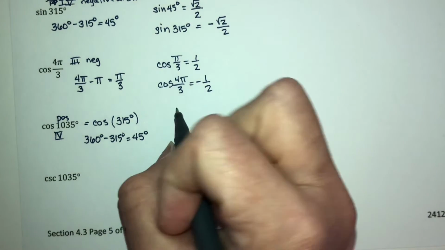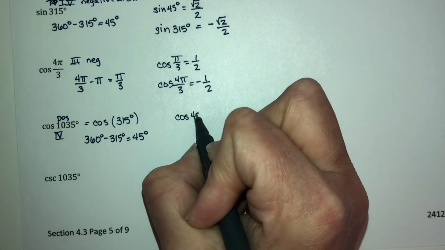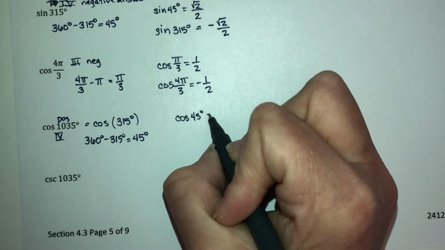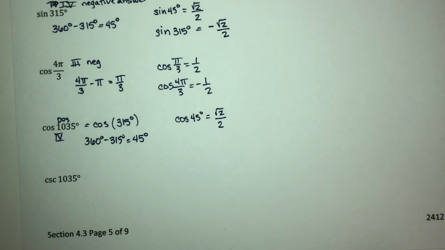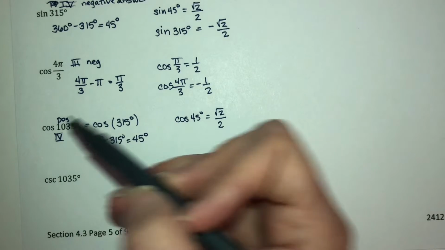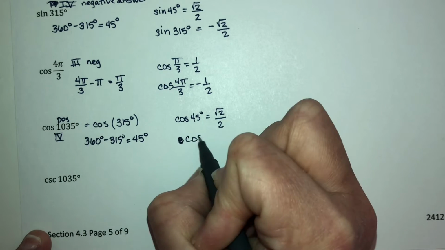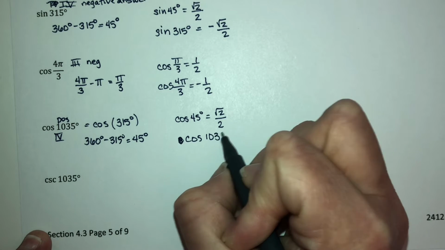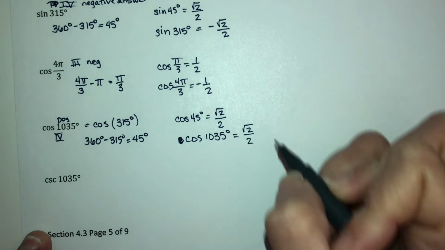So I need to figure out cosine of 45 degrees, and that is the square root of 2 over 2. Now we make the adjustment as necessary based on our quadrant. Cosine in quadrant 4 is positive, so there's no sign change needed here. It is still the square root of 2 over 2.